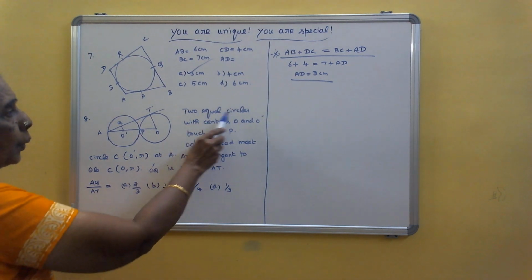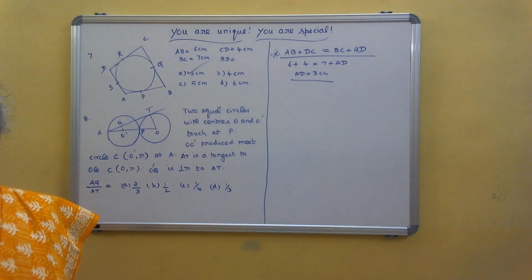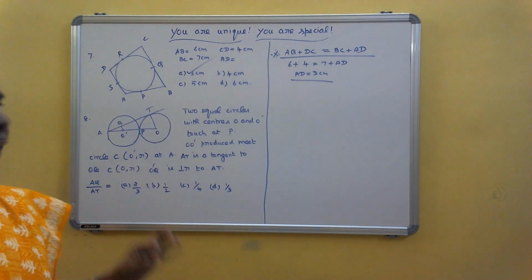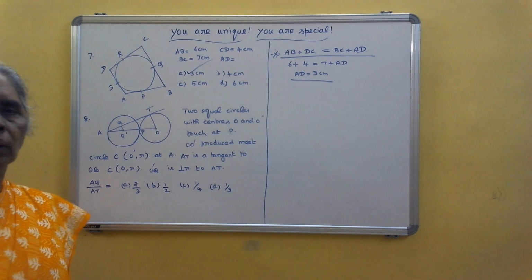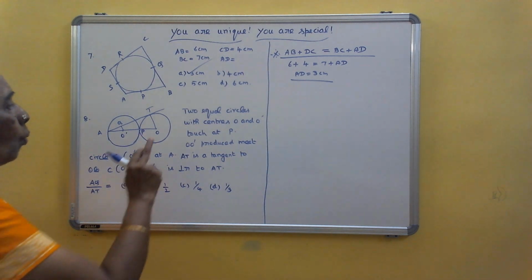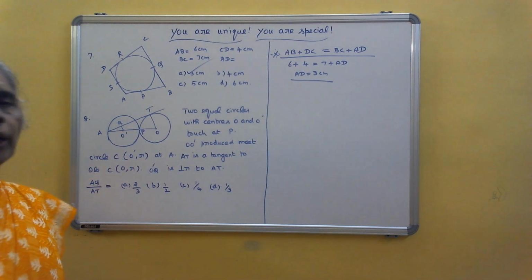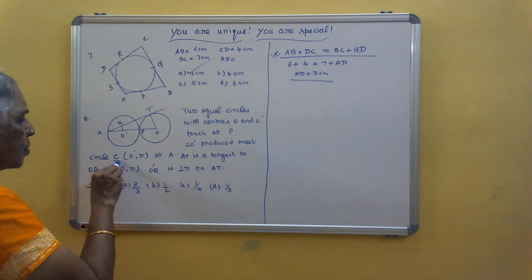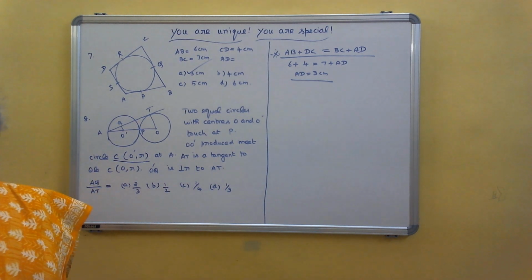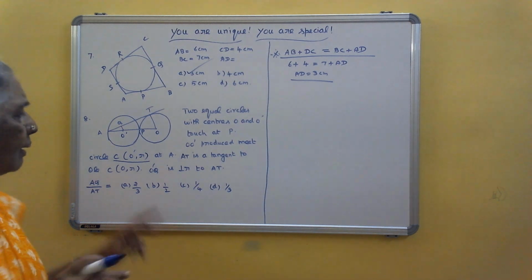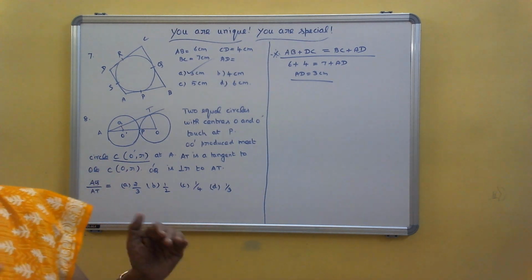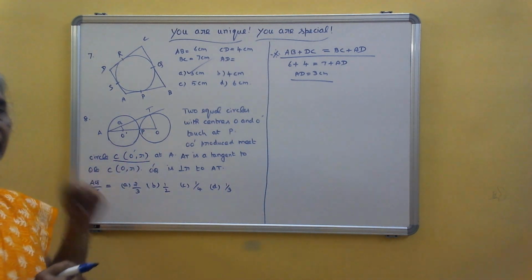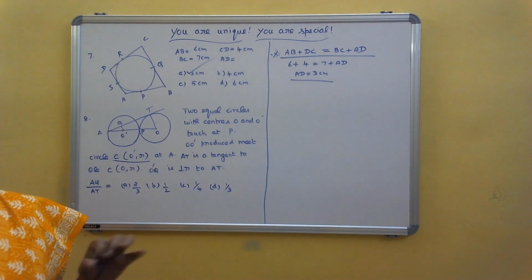Okay. Let us go to the eighth sum. Here it is given two equal circles are there, with the centers O and O dash. They touch at the point P. O dash is produced. It meets the circle C(O, R). I want you to know this notation. In the circle C, within brackets, they give two letters. The first letter is the center, the next is the radius.